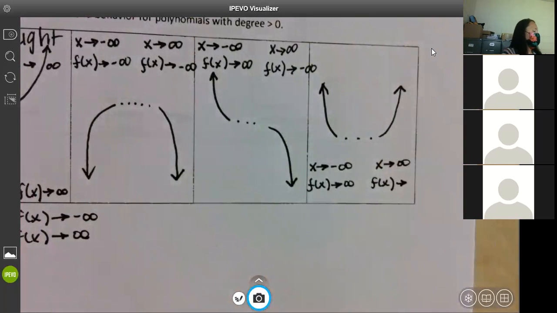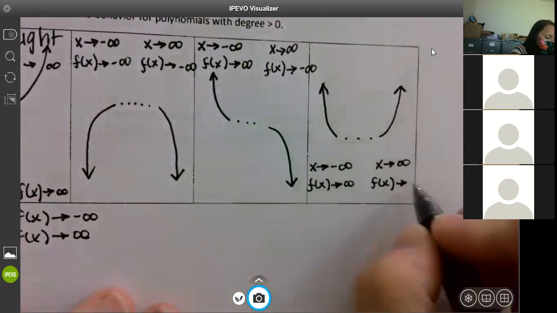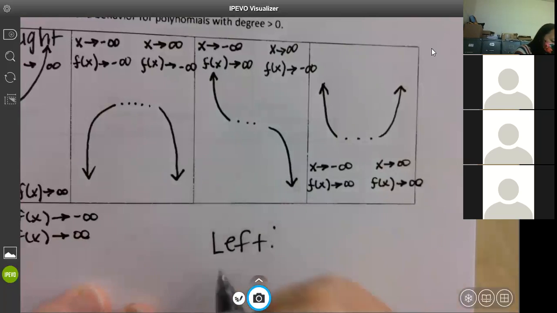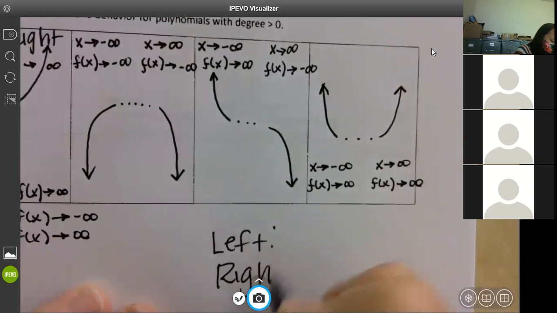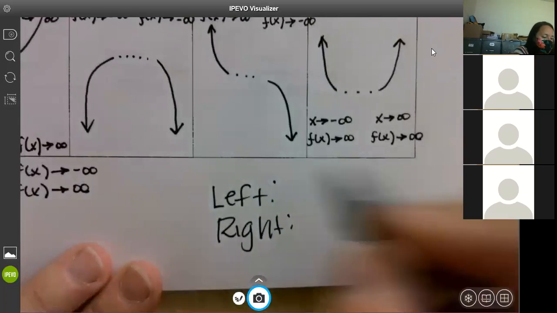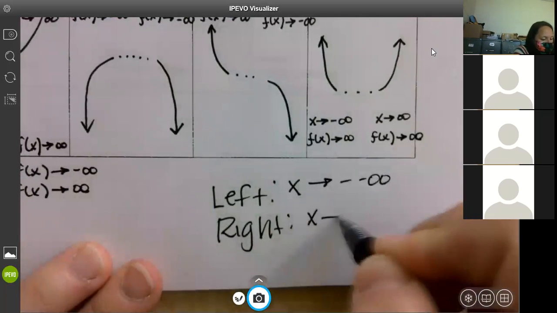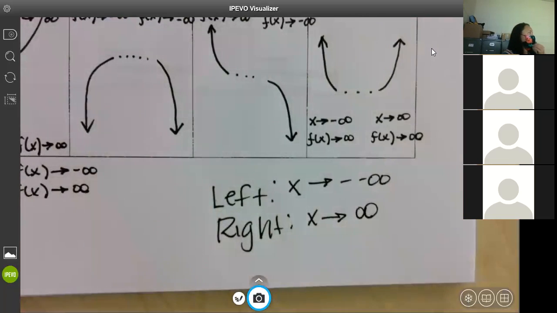And what is it doing on the right side? Positive infinity. So remember, left and right will never change. The only thing that will change is your f of x. Left goes to negative infinity, right goes to positive infinity, and you just use your x.